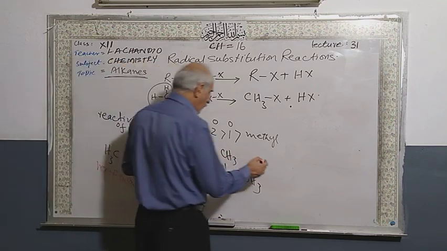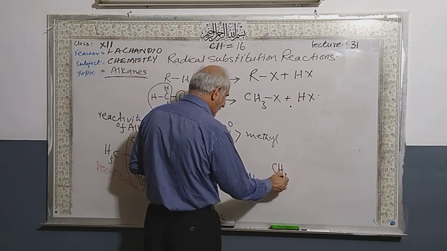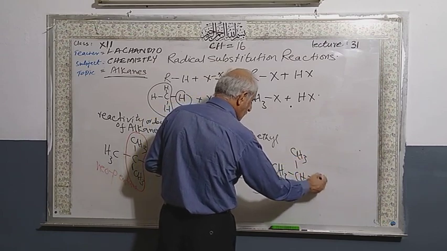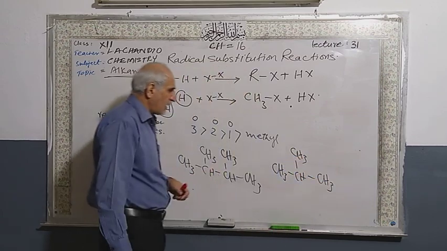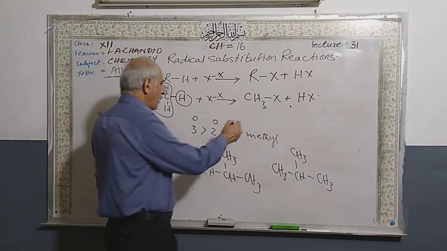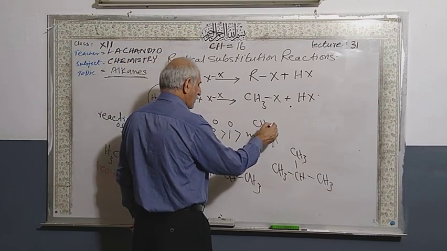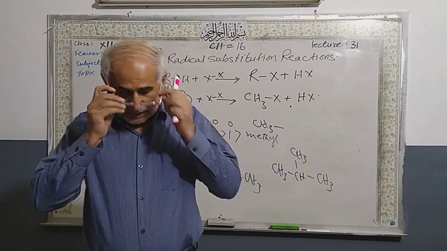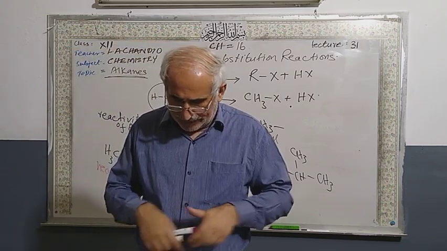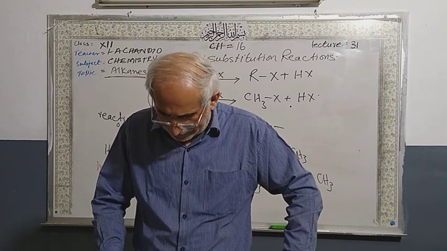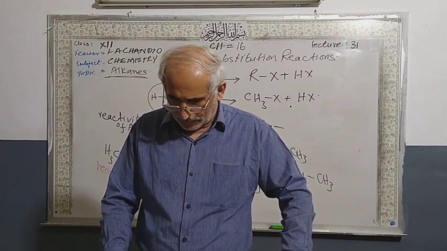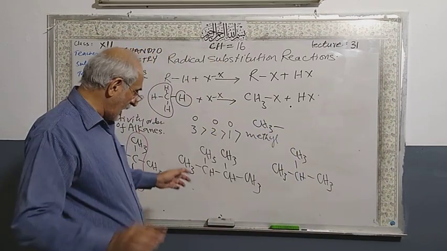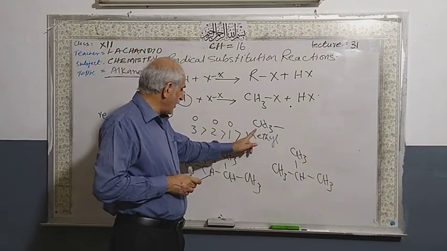And first degree, like this one. Ethyl will be like this one, and methyl is CH3. So the reactivity order: third degree, second degree, and first degree, which includes methyl. Methyl and ethyl are both first degree.